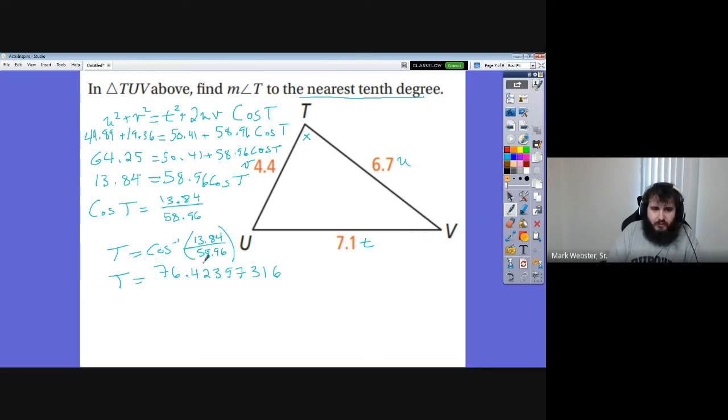So we look again at that nearest tenth. Look at the number after that. Less than 5. So we round down. So our answer here, 76.4 degrees.